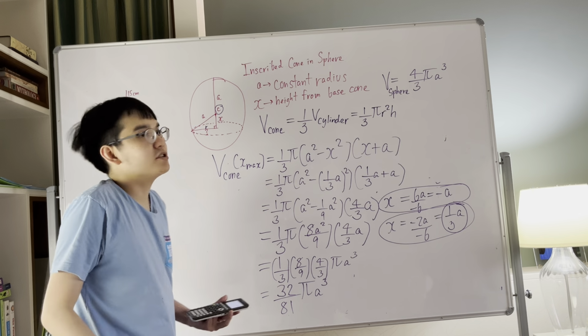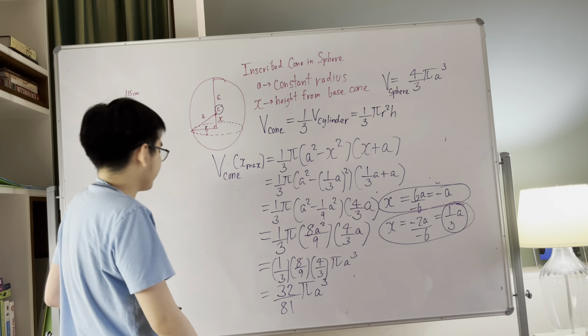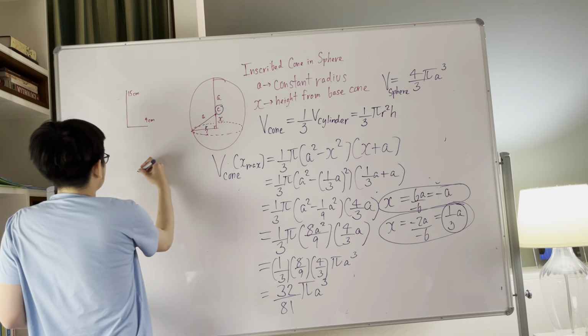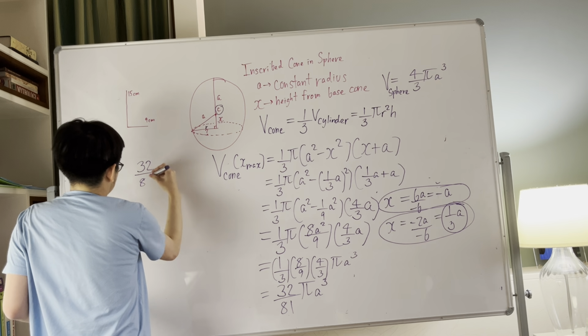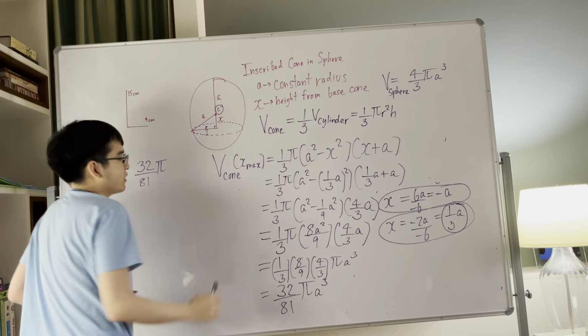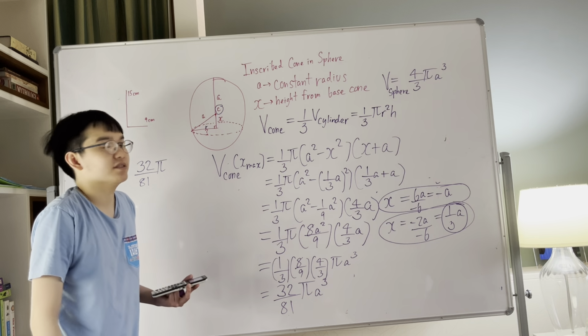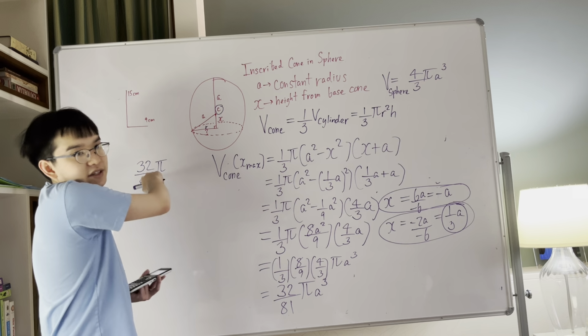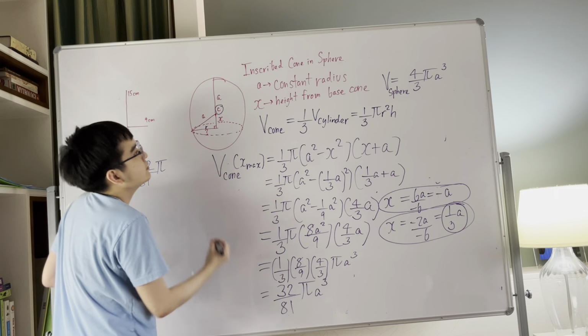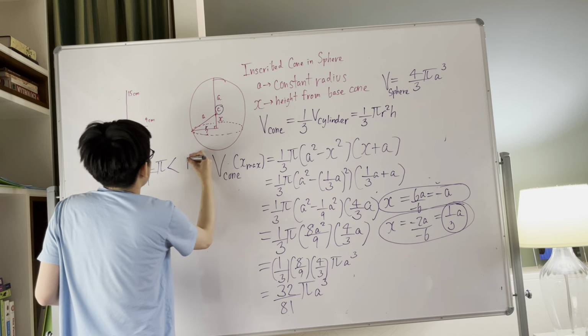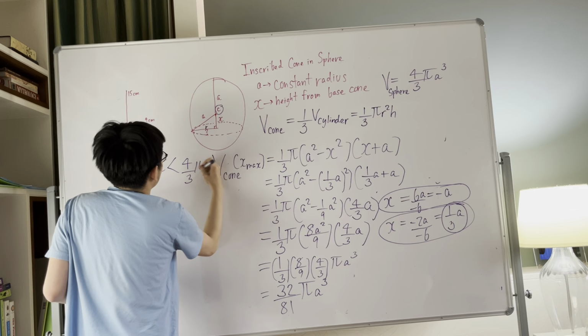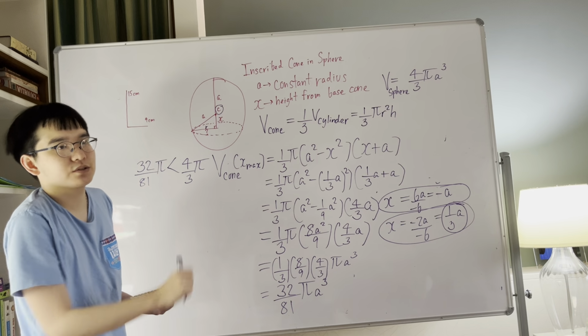In fact, I think it should make sense because 32/81 pi, that's a proper fraction, which is less than 1, because it doesn't exceed 81 in the denominator here. And that is less than 4/3 pi, which is an improper fraction, greater than 1.